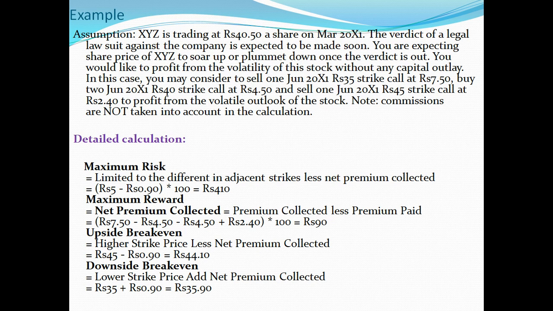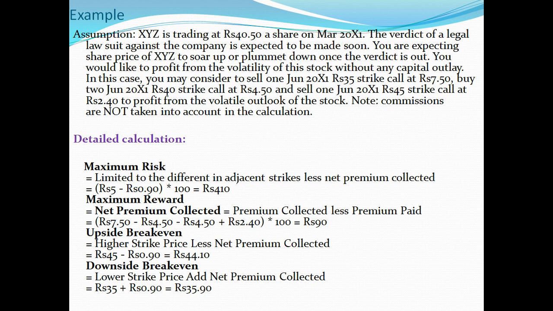In this case, you may consider to sell 1 July 20 X1 rupees 35 stock call at 7.50, buy 2 July 20 X1 40 strike calls at rupees 4.5, and sell 1 July 20 X1 rupees 45 call at 0.40 to profit from the volatile outlook of the stock. Note, commissions are not taken into account for the calculation.